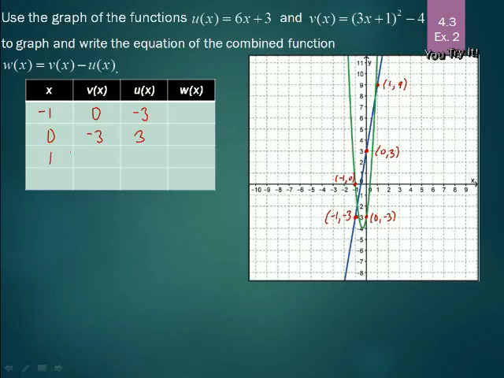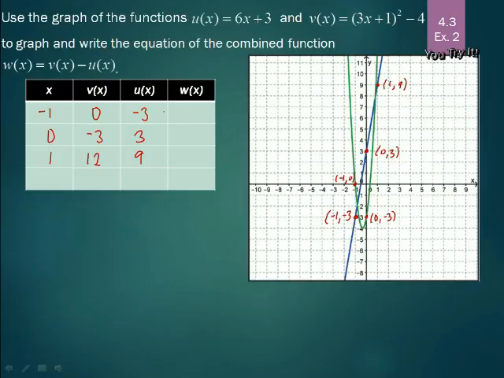And then at 1, for v of x, we didn't have 1, so let's actually plug that into the equation. 3 times 1 is 3, plus 1 is 4, squared is 16, minus 4 is 12. And then for u of x, we had 9. So we have a few points here.